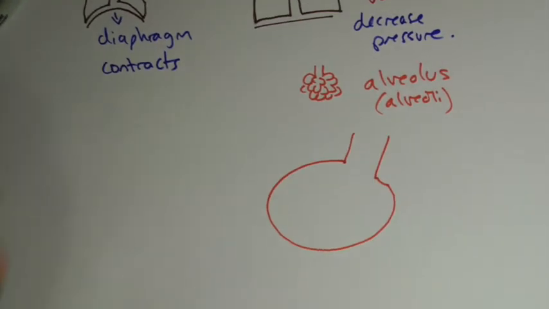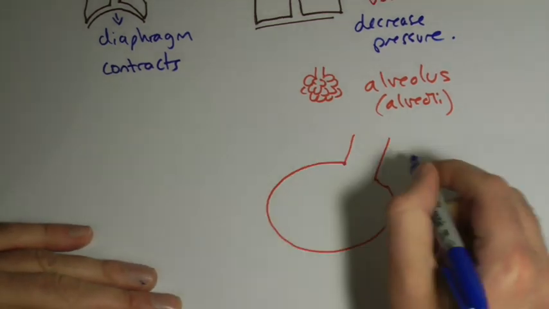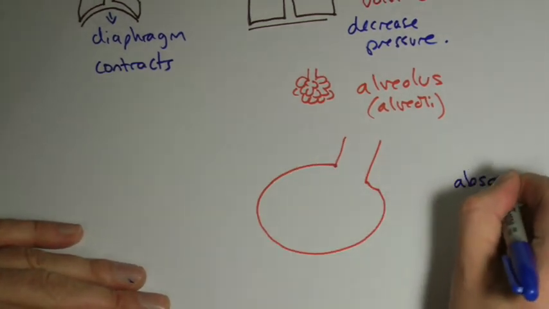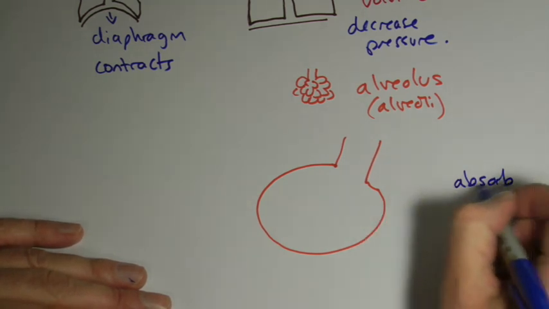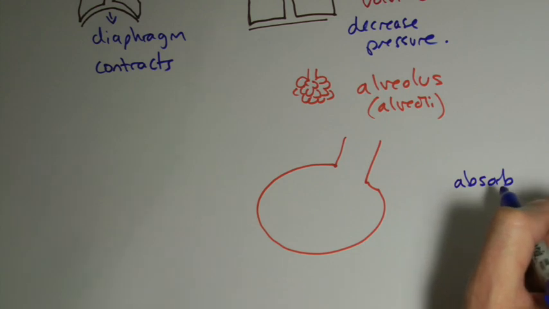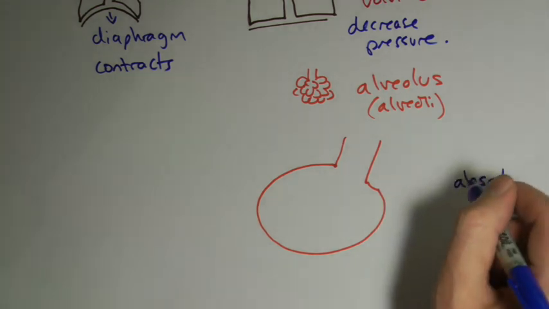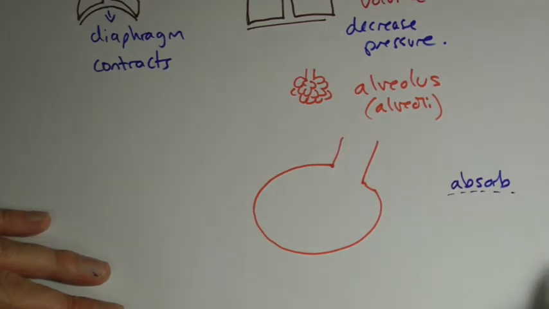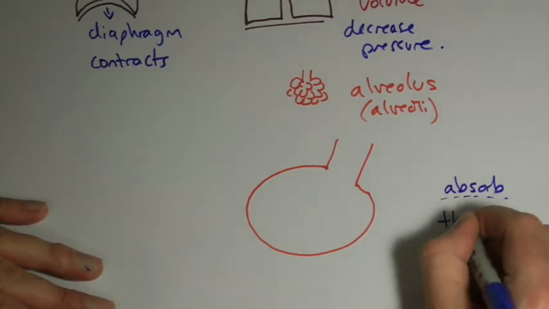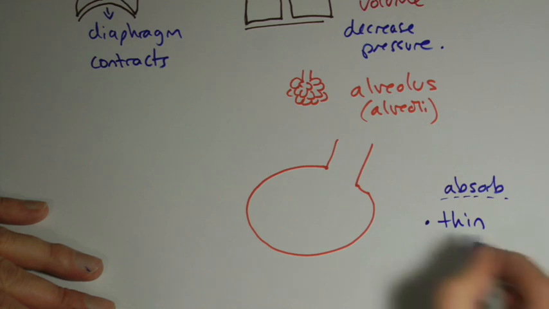Now, this is something that is common to anything that's going to absorb. For example, your intestines, which will absorb food, have a similar idea. Leaves are going to absorb light, but they're also going to absorb gases. A few things keep coming up again and again if you're going to absorb things. Number one, you want things to be thin.